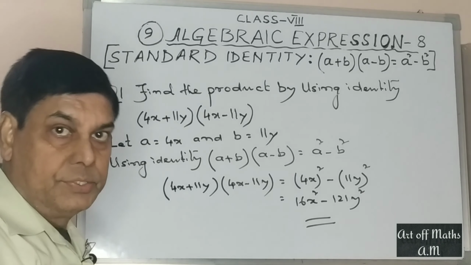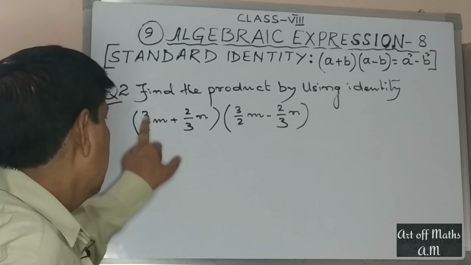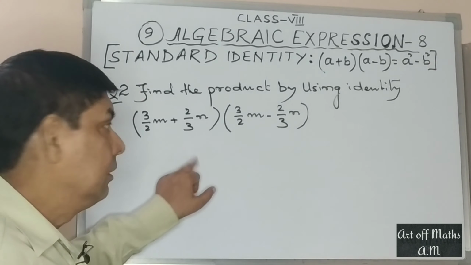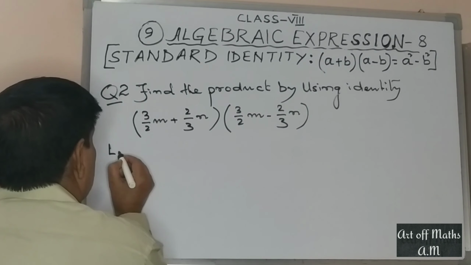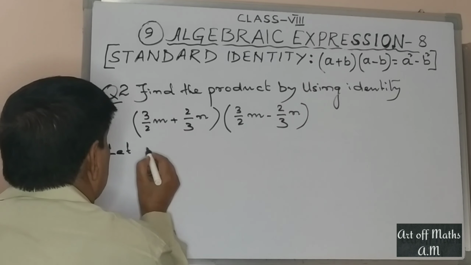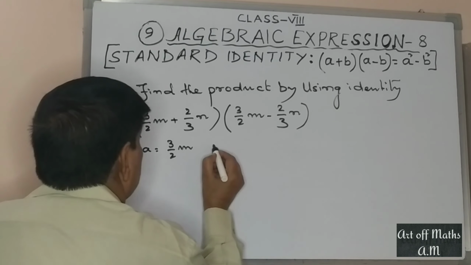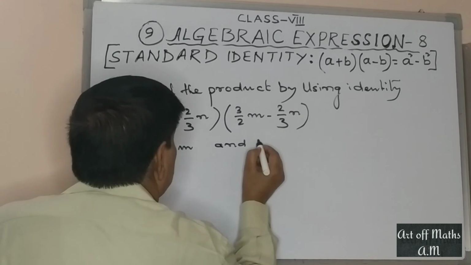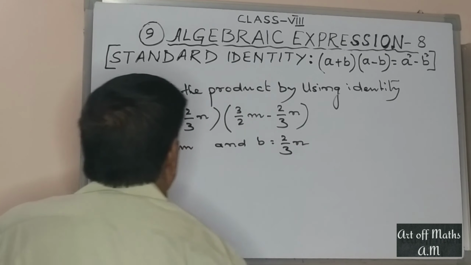Now coming to the second question. The elements are in fraction, so don't worry. Let a equal to 3 by 2 m and b equal to 2 by 3 n.